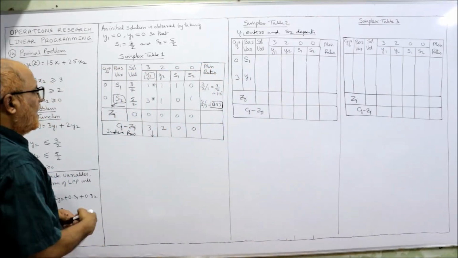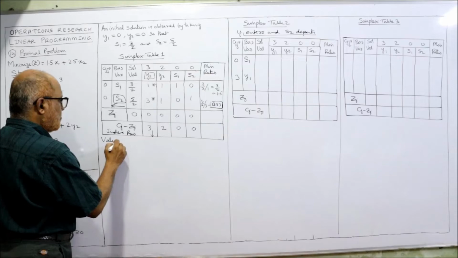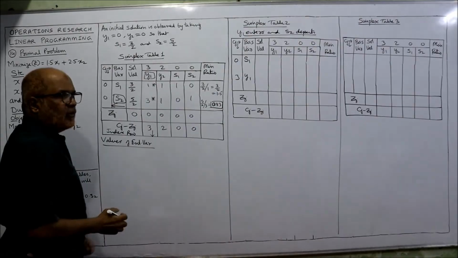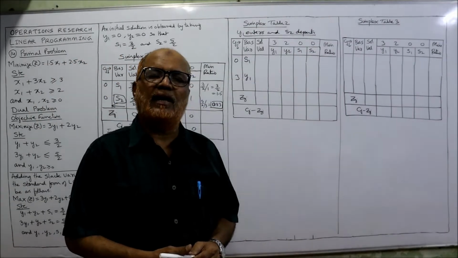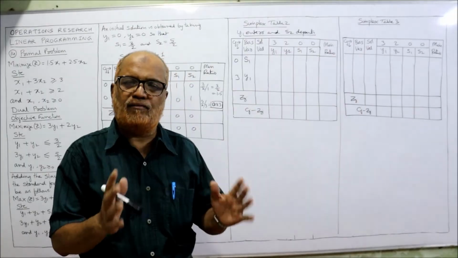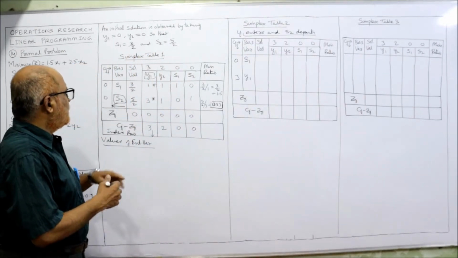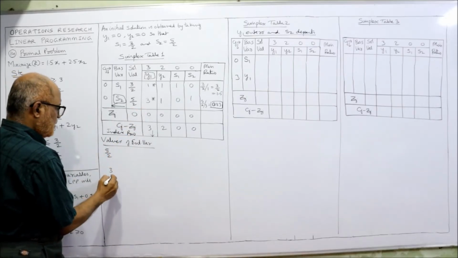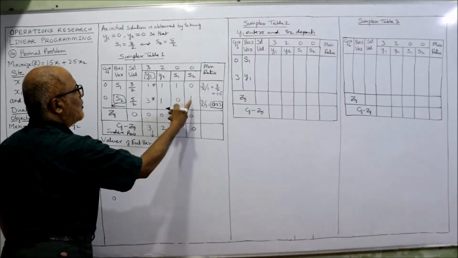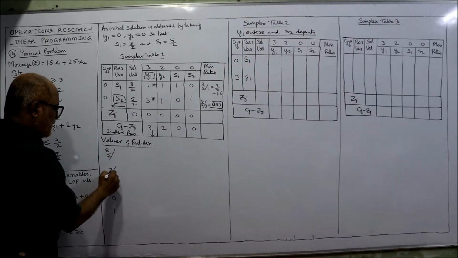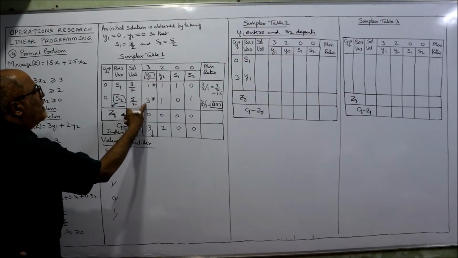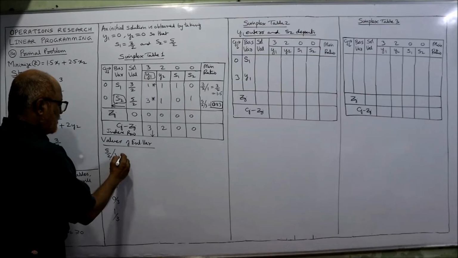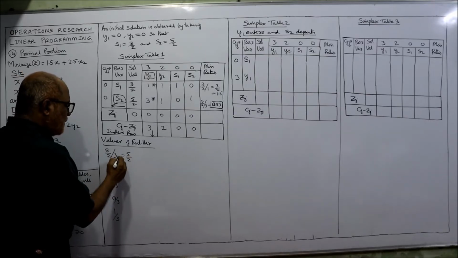The values of the entering variable are equal to the values of the departing variable divided by the intersectional element. Already we have done this in every problem. The values of the departing variable are 5 by 2, then 3, 1, 0, 1. Divided by the intersectional element 3: 5 by 2 divided by 3 by 1.